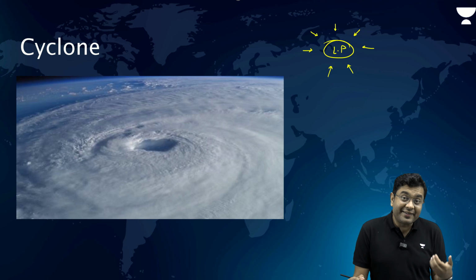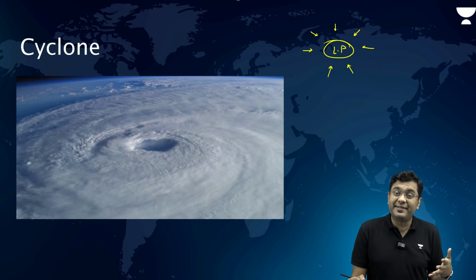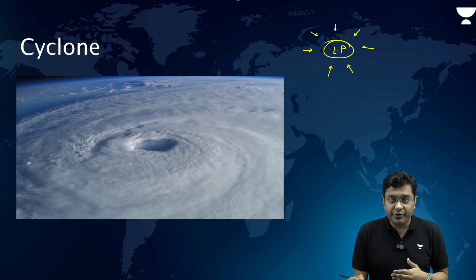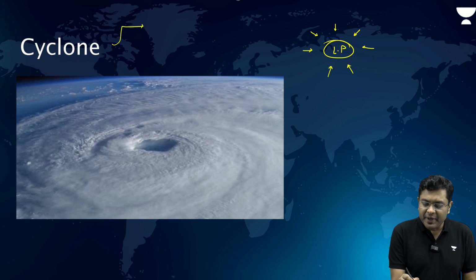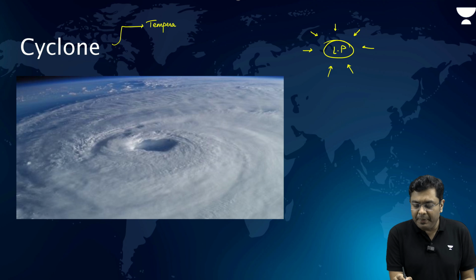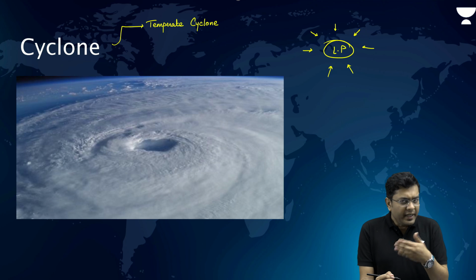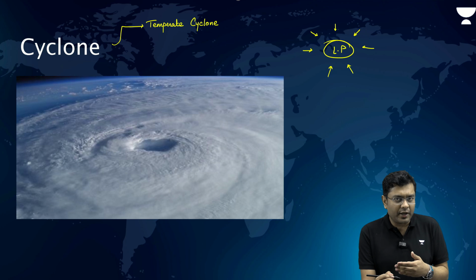Now, if such a system exists in temperate regions beyond the tropics, that is what we refer to as temperate cyclones. The formation of a temperate cyclone, its existence and properties, are very different from those of a tropical cyclone.